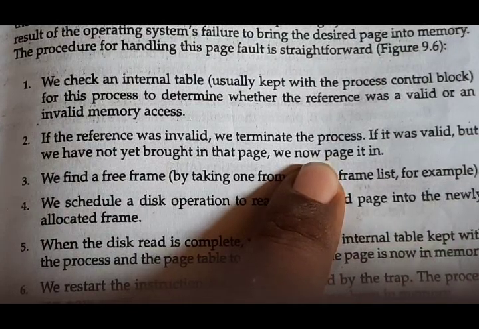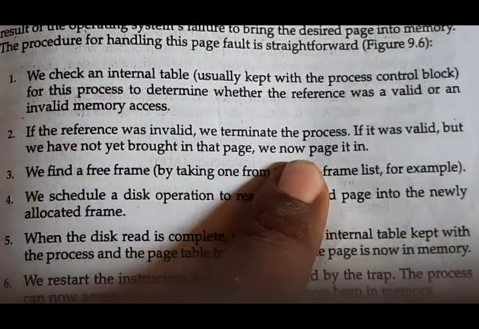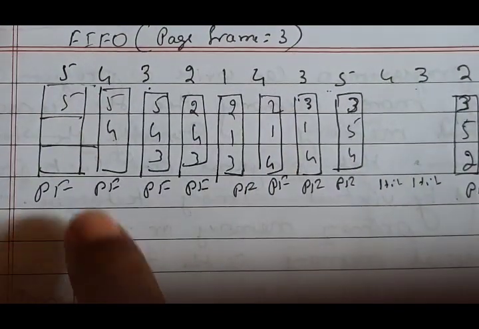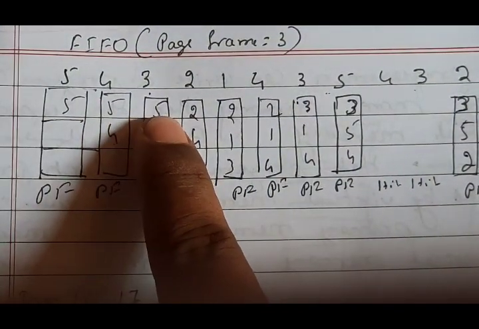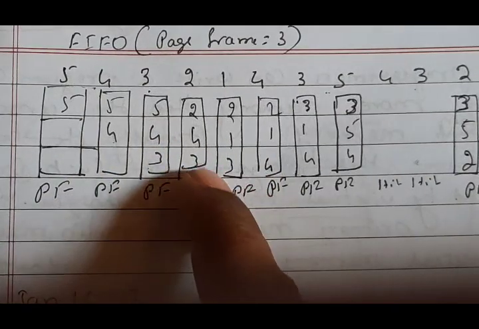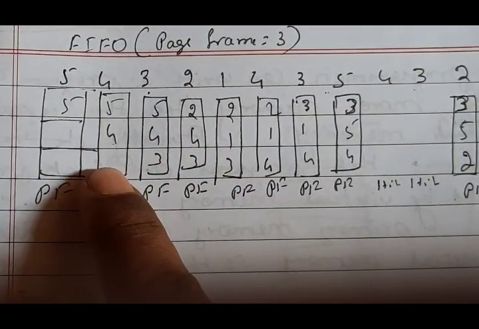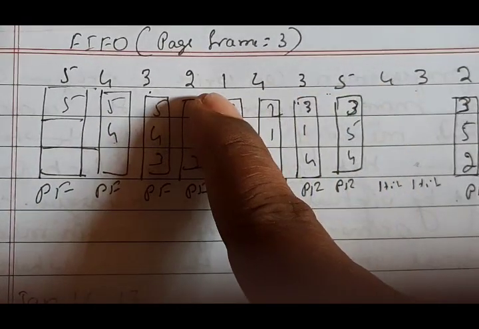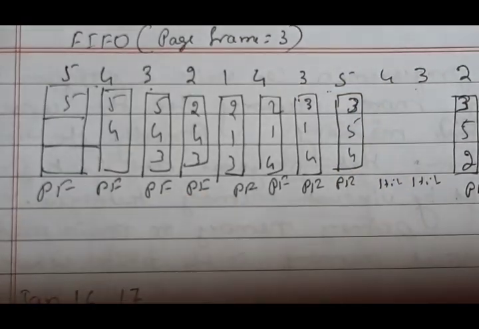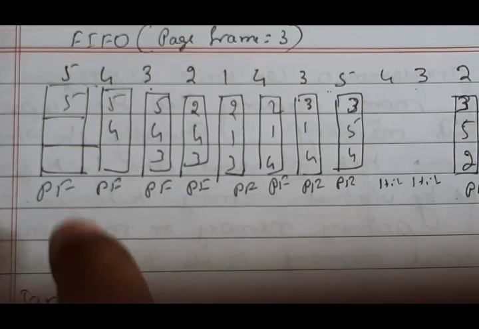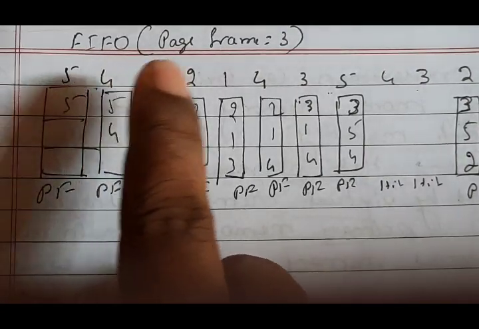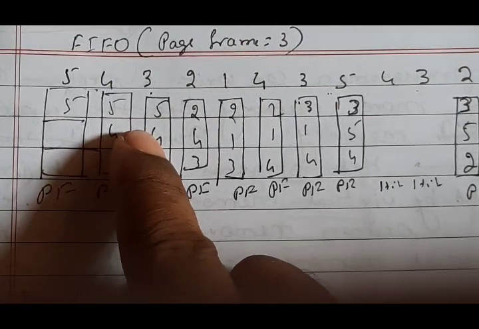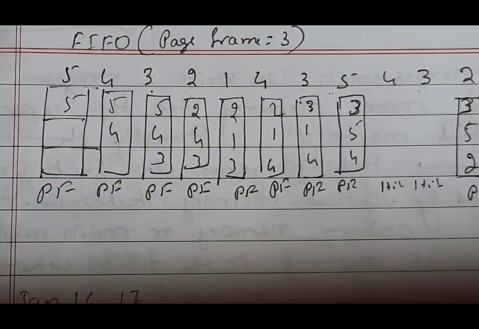If 7 is not there, there is no use, you have to stop it. So it is an invalid reference. If 5 is valid, you have to bring it from disk. If 7 is not there at all, we can't go ahead.